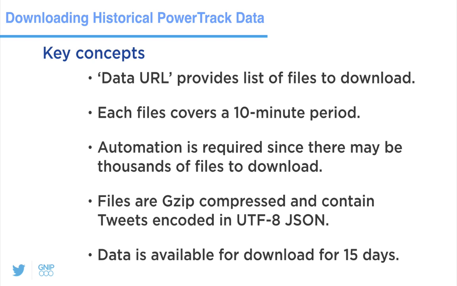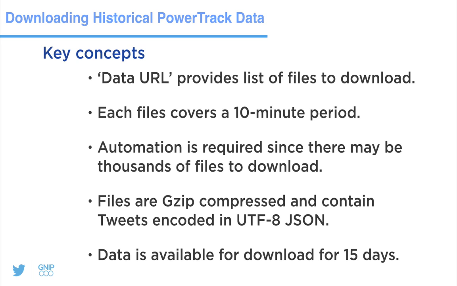Another key concept is that each file covers a 10-minute period. Another key concept is that automation is required, since there may be thousands of files to download, and that really is the purpose of this video. Say you are requesting data from 90 days, keep in mind that there could be well over 12,000 files associated with that data set.